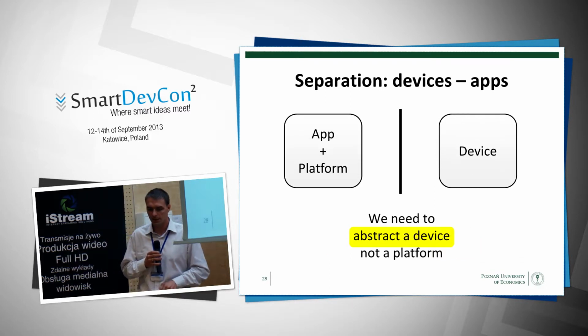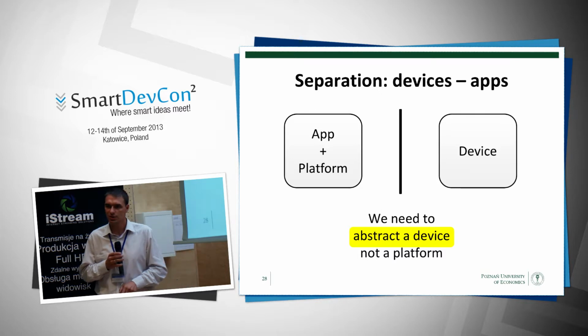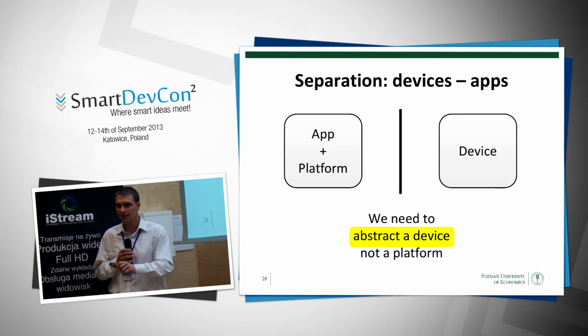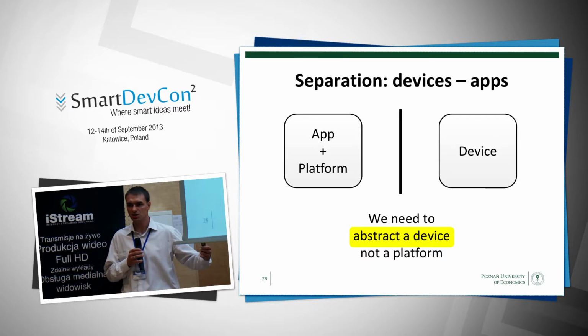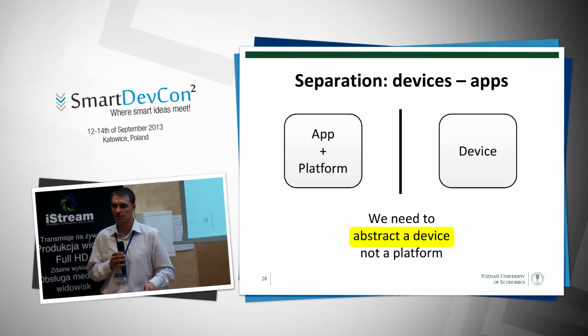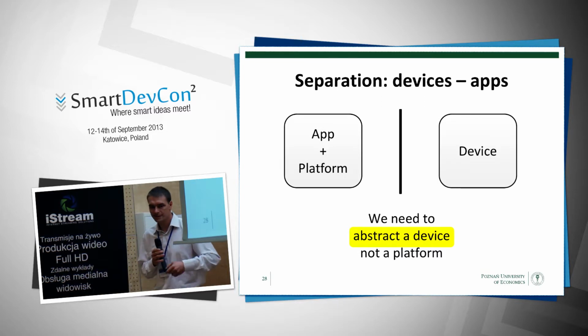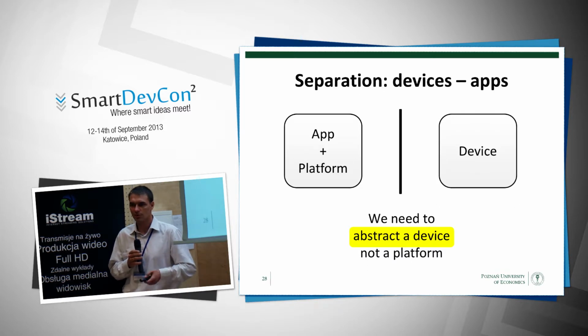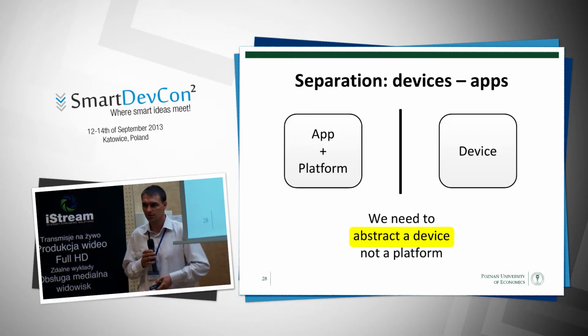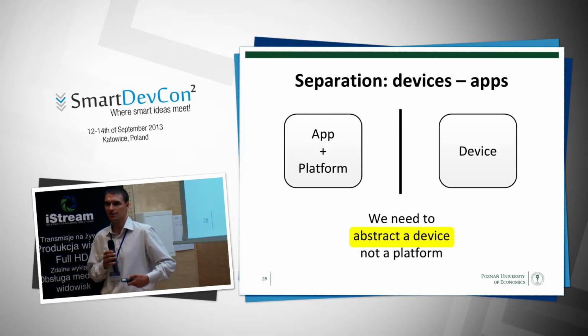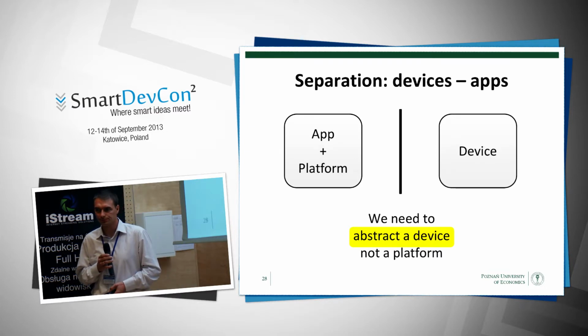So my idea is to move the separation to a different point, to separate devices from application and platform together. So instead of abstracting a platform, we are abstracting a device.